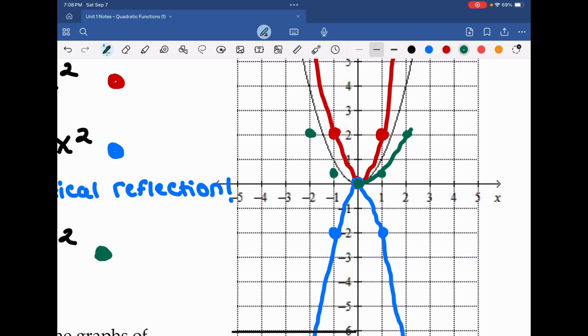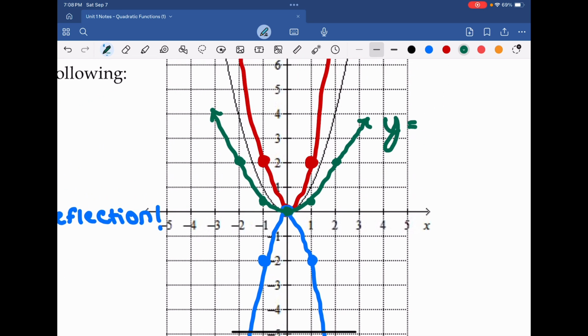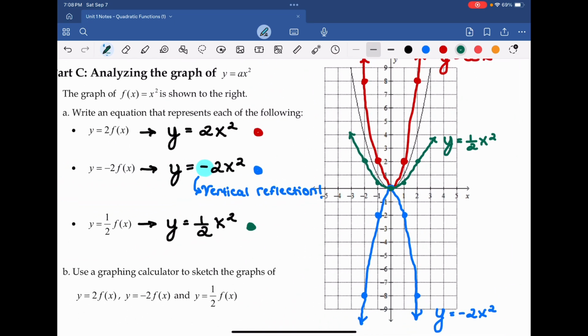Now, again, we're going to put our arrows here and extend them out, and then lastly, I'm going to make sure I label it. y is equal to, instead of it just being y equals x squared, now it's going to be 1/2 x squared.